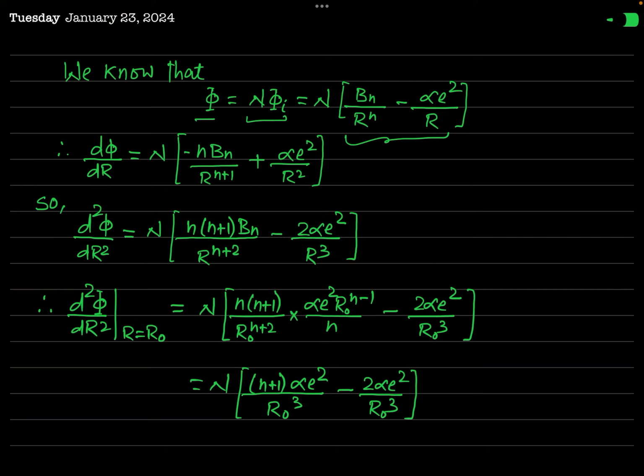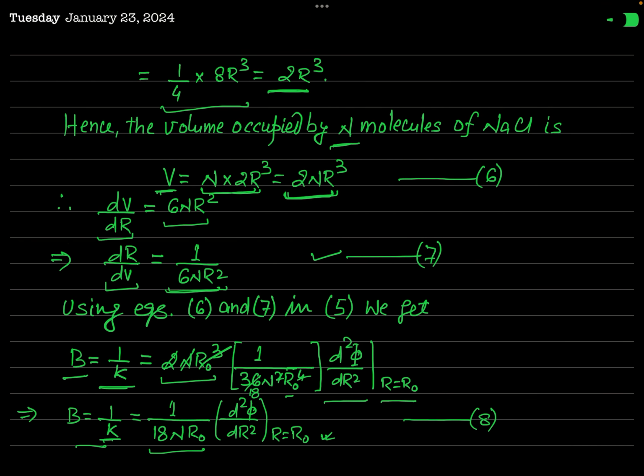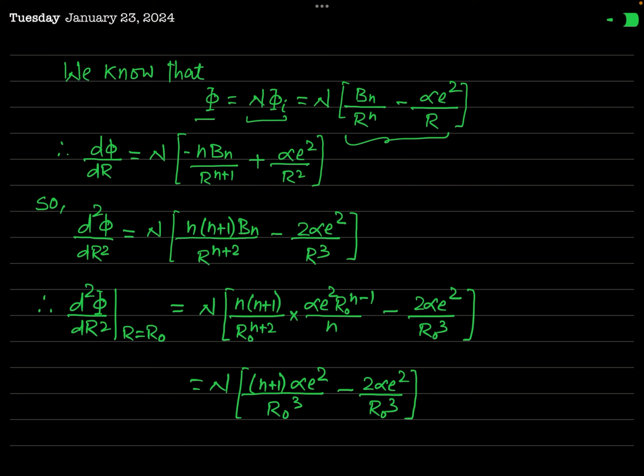Here Bn is the repulsive constant, and you know alpha is called the Madelung constant. All these things you have learnt in the previous lecture. But here, for the calculation of this B or K, we need the value of d2 phi by dr square in equilibrium state.